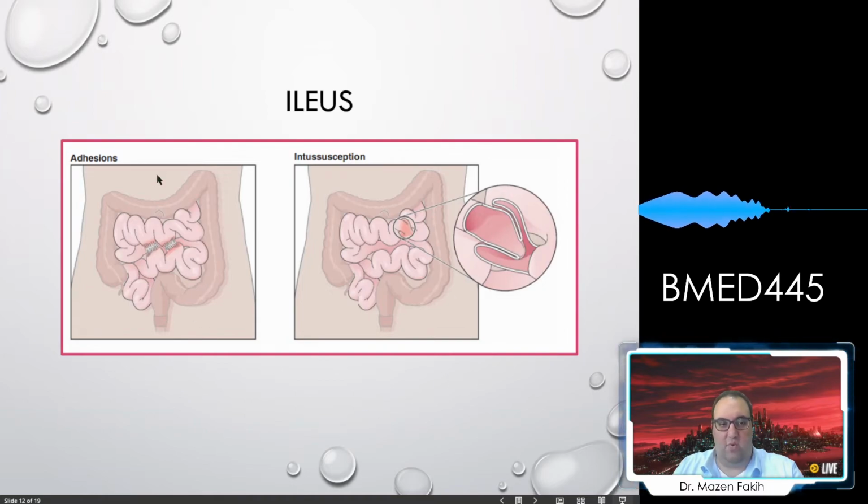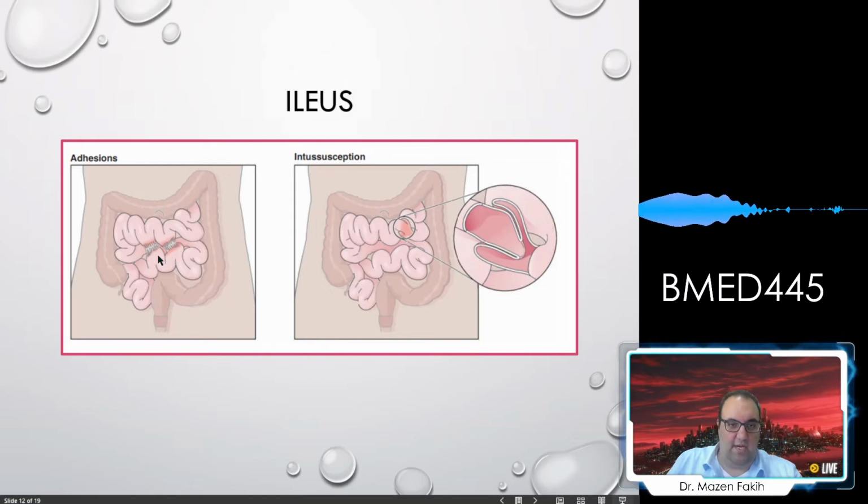And the number 1 is adhesions. Adhesions usually happen after inflammation, an infection, or after surgery. What happens is that the intestines stick to each other and it can stop the peristaltic movement.